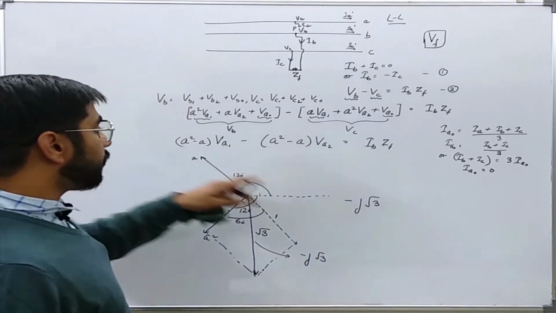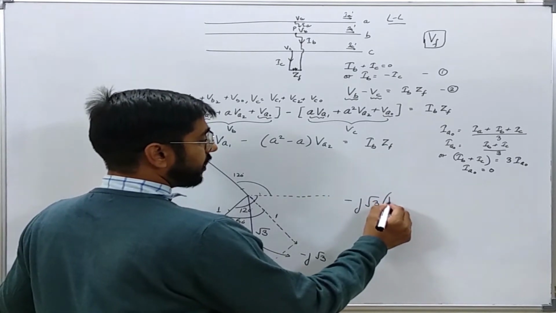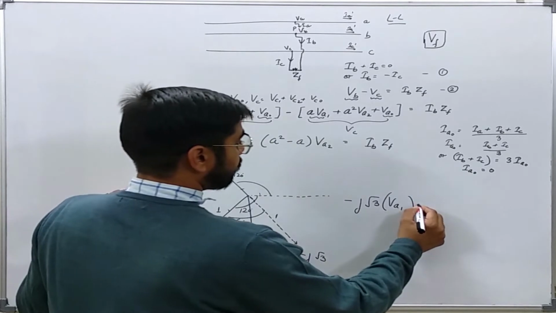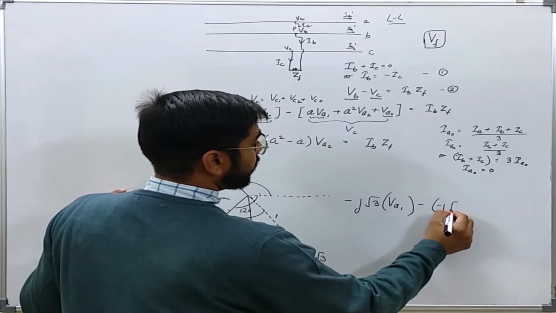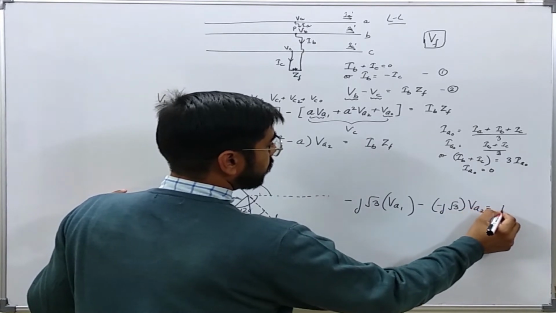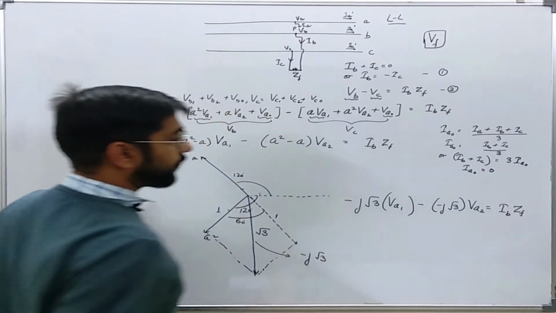So I will put this value here: minus J root 3 VA1 minus of minus J root 3 VA2 is equal to IB ZF.